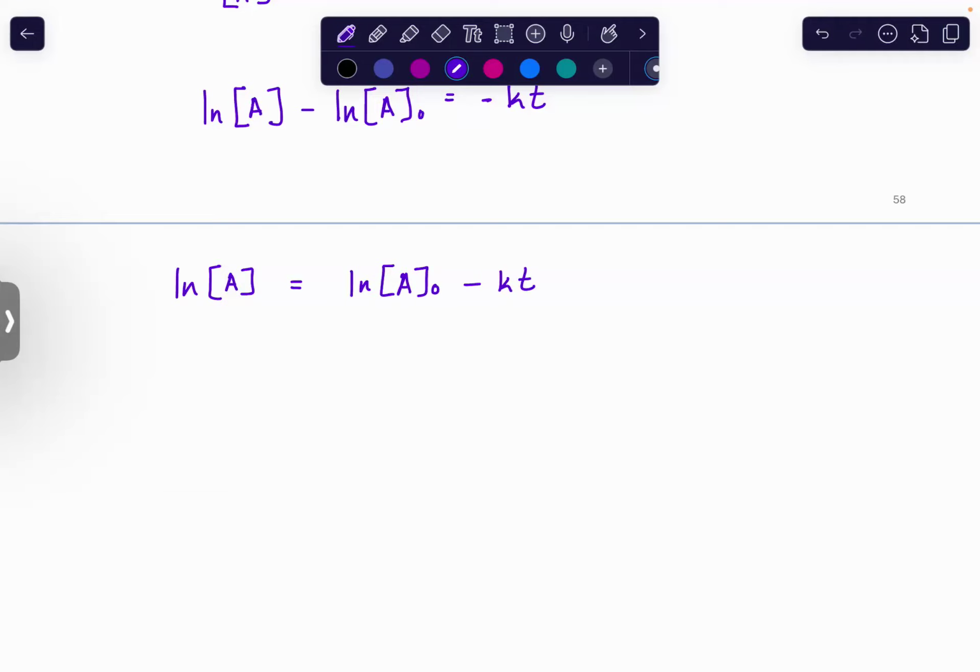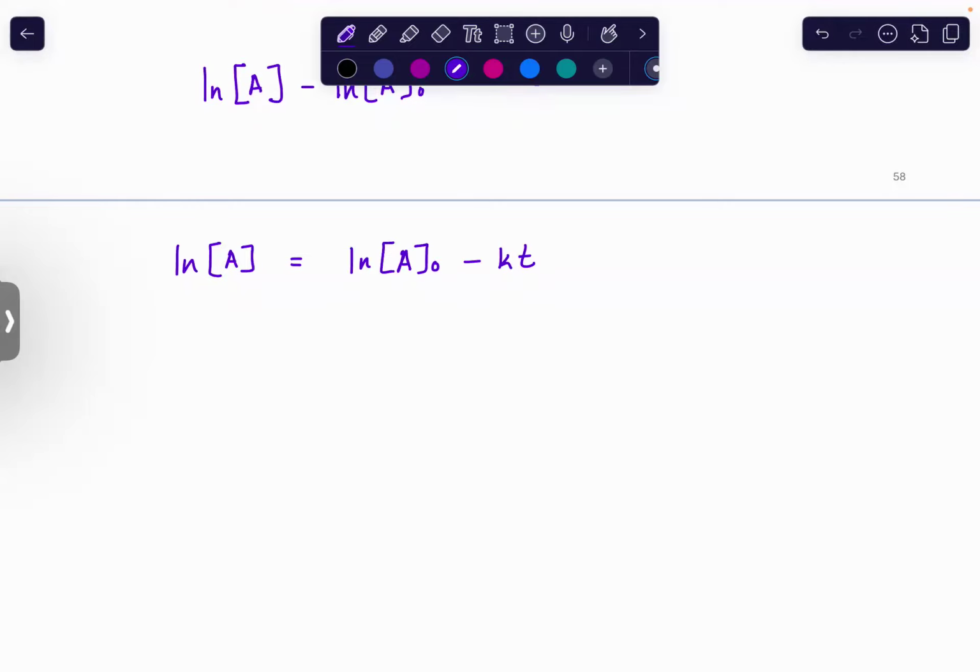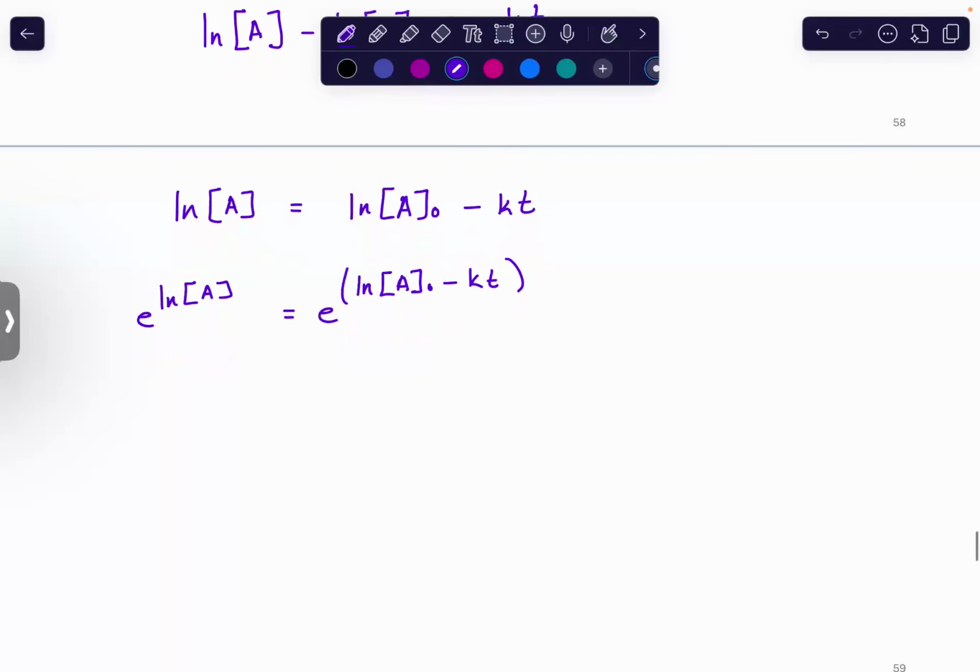Now, how do I get rid of natural logs? Yep, the exponential. So if I exponentiate both sides, well, the left side's easy because exponentiating a natural log is just going to get me my concentration back.